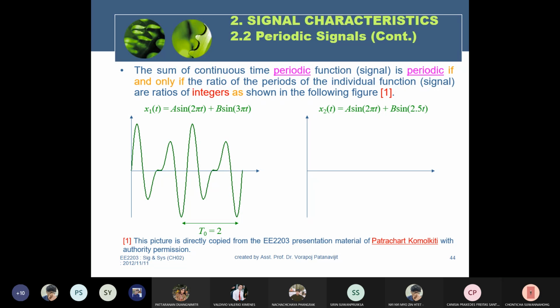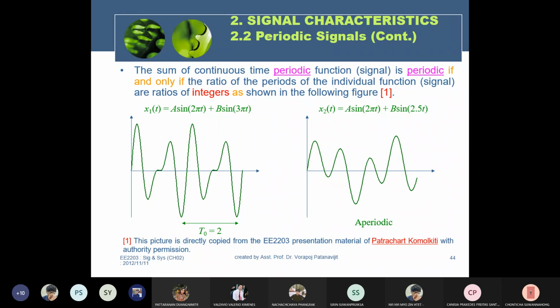Even though somebody will say, no, I studied, okay, pi equals 22 divided by 7. It's only an approximation, not the real one, okay? Remember that? Therefore, in this case, when you add them, okay, the first term, sin 2 pi t is here. Sin 2.5t is here. But when you add them, periodic or not?